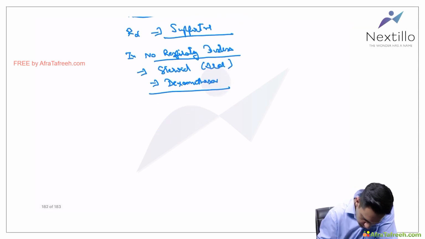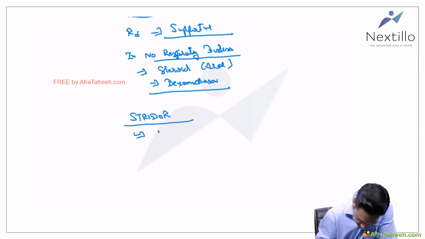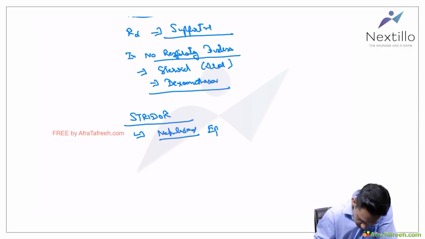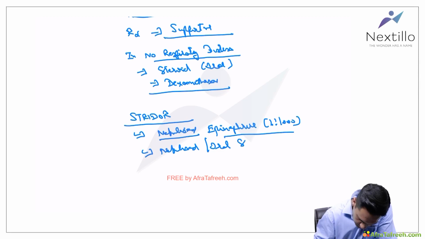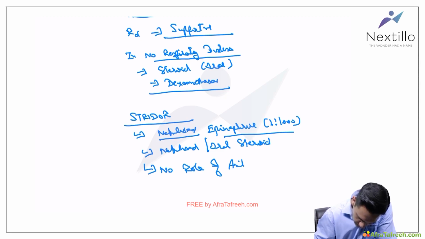If stridor is present, we can use nebulized epinephrine in the ratio of 1:1000, or we can also use a nebulized or oral steroid. There is no role of antibiotics.